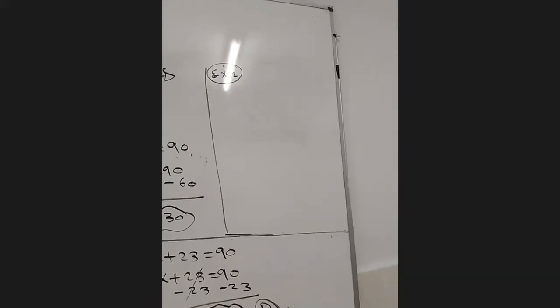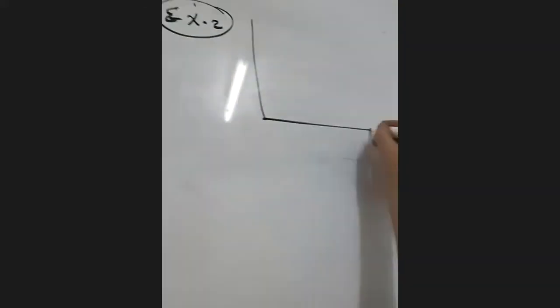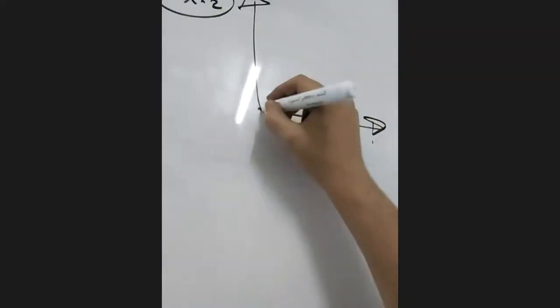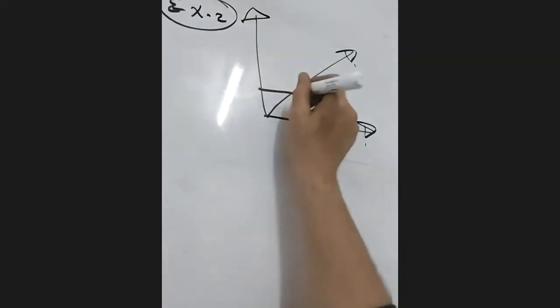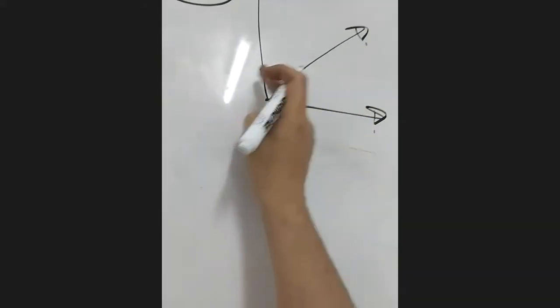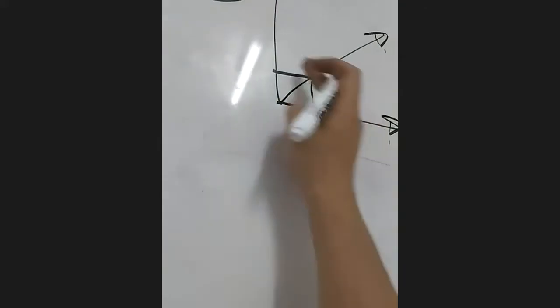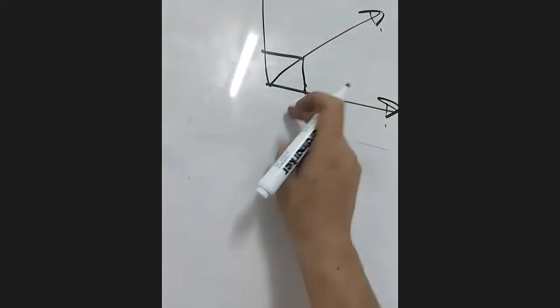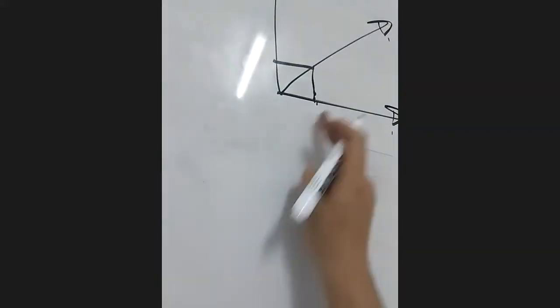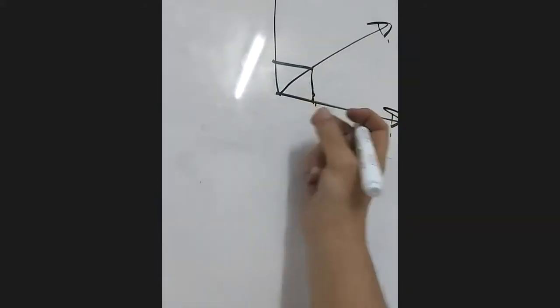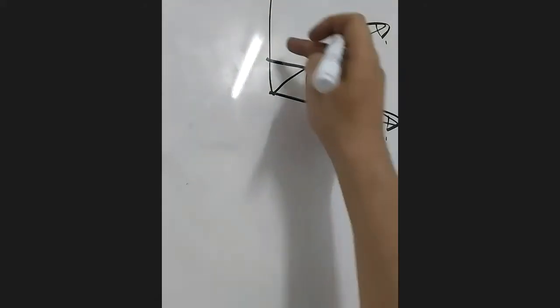I have this graph here, and they wrote something like this. This square means the whole angle is 90 degrees, right? Yes. And we have two angles here.